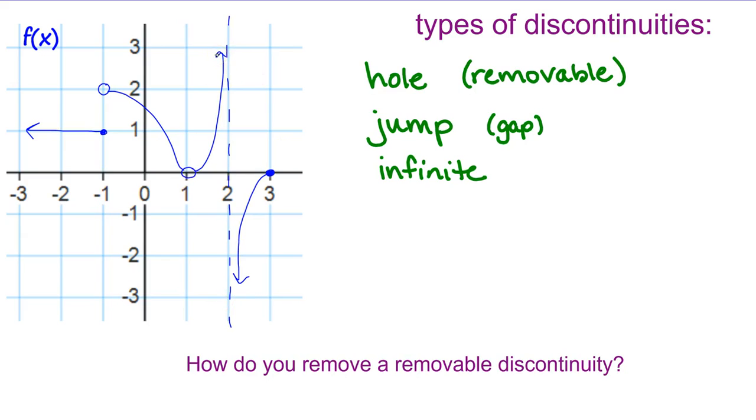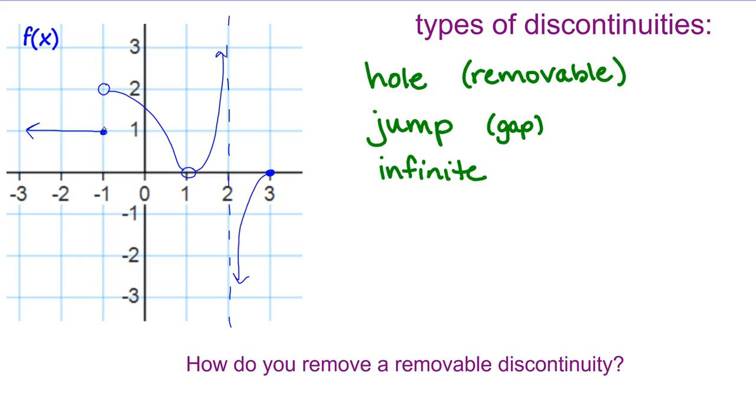So there's no way to remove an infinite discontinuity. You can't just fill in the gap. It would take infinitely many points. In a similar way, there's no way to remove a jump discontinuity. It would still take infinitely many points to fill in the gap between those two things, and if you did fill them in, you wouldn't have a function anymore. It would fail the vertical line test.